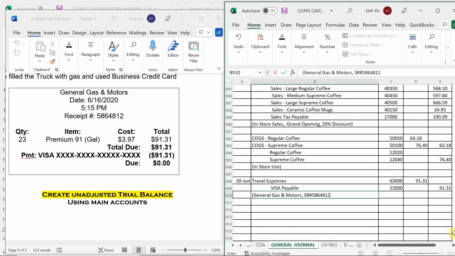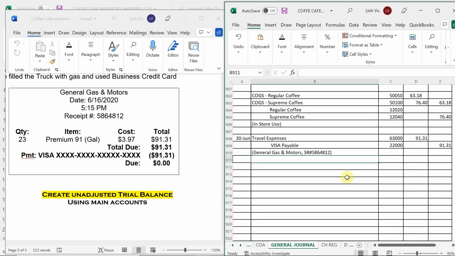And of course we used the Visa payable, the Visa credit card, to make a payment on this. So now we can finish off the rest of this, and then we'll do the unadjusted trial balance in the next section.